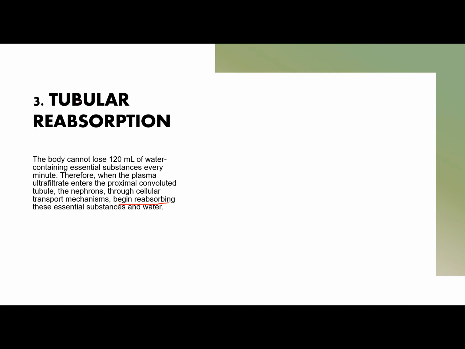Kaya tayo merong tubular reabsorption class. Nire-reabsorb ng mga tubules natin sa kidney yung water because our body, take note of this, cannot lose more than 120 ml of water. So imagine if ang blood na napapump sa kidney mo is 2 liters. Kunwari lang yung 2 liters na yan, hindi yan pwedeng mawala.